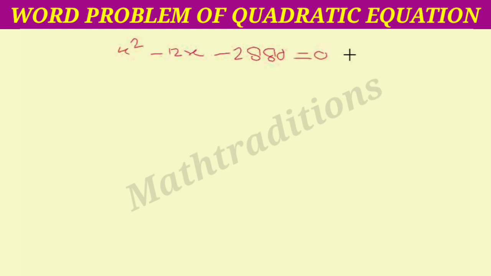Maximum students face a problem solving the equation, and to solve it they will apply the Sridharacharya formula. That will be time taking. You will never be able to manage the time if you use the Sridharacharya formula. So here is the shortcut method.